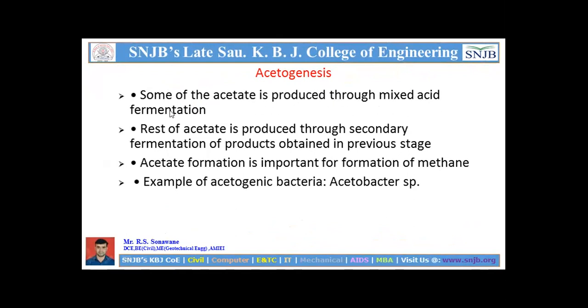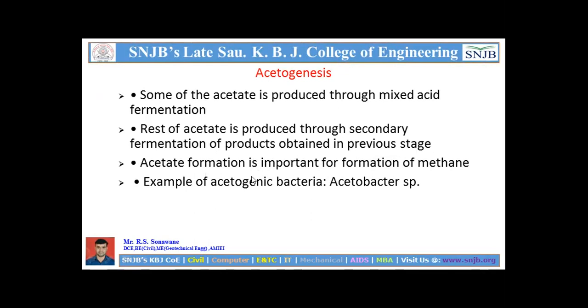So now the hydrolysis process goes into monomeric liquid-based soluble compounds. At that time acid is generated, acid is produced here, through mixed acid fermentation. The rest of the acetate is produced through the secondary fermentation products obtained in the previous stage.